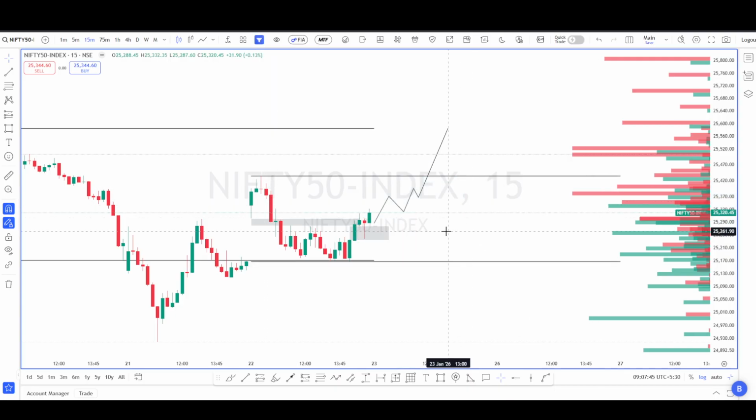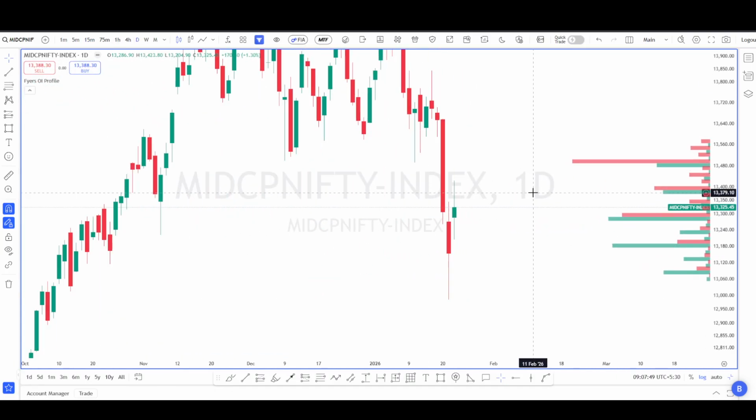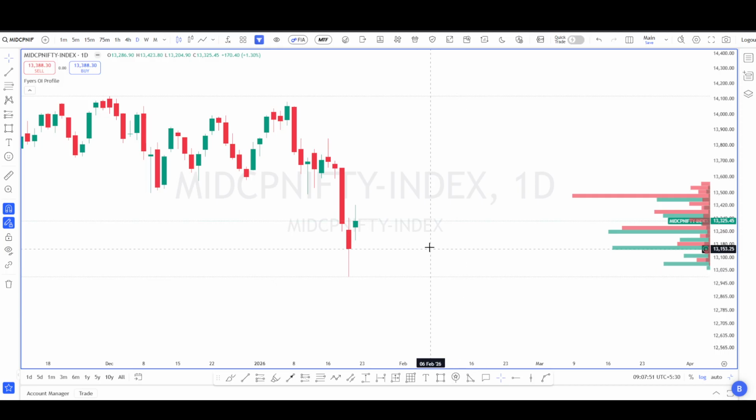All right, now next we'll look at MIDCAP, again starting with the daily time frame, marking the previous candle's high and low. This is one of the strategies which I use personally. It is called candle range theory.